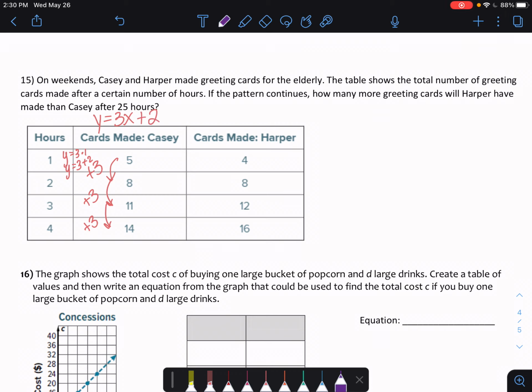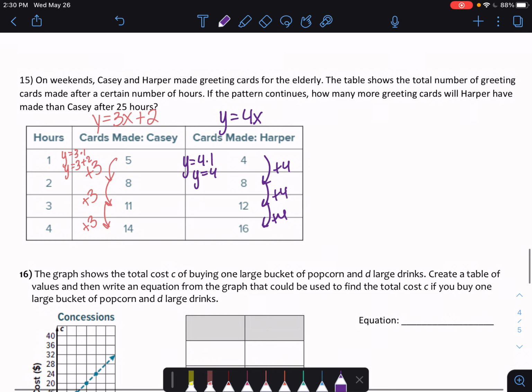Now I'm going to do Harper. Harper's are going up by 4 each time. So I'm going to start with y equals 4x. And then when I check my rule here, y equals 4 times 1, well, y does equal 4. So Harper's rule is done.